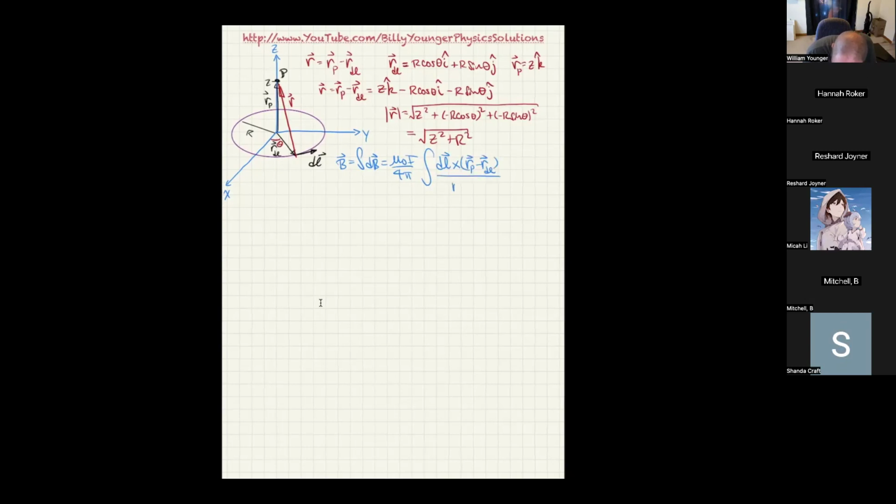And I'm going to divide by the magnitude of RP minus RDL, and rather than make it a unit vector, I'm just going to put a 3 on there and that fixes it. So that is what I think is the most useful version of the Biot-Savart law.